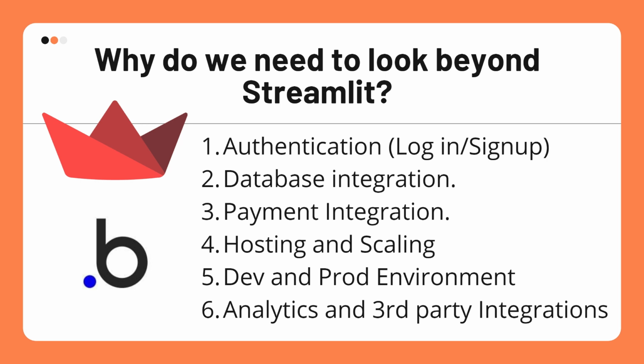Because using Streamlit, we were able to build UI and some front end for the code that we have written. So if we can have text boxes, submit buttons, etc., why do we actually need to look beyond Streamlit? So the short answer is that real world production apps need quite a lot of other things, which is authentication.